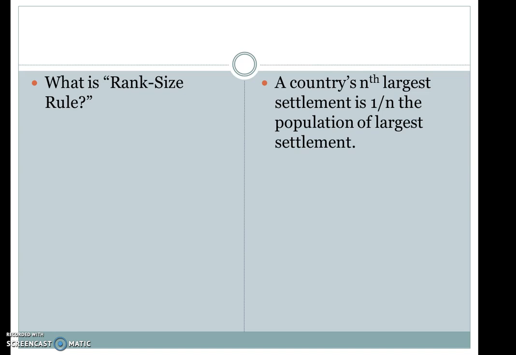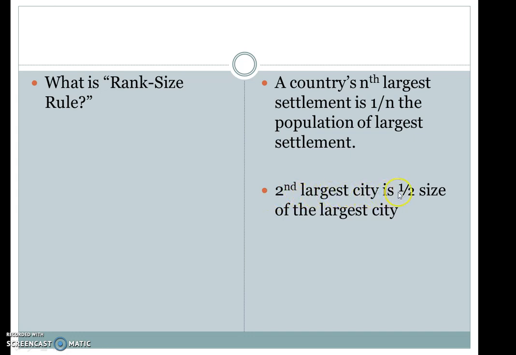So if n is 2, the country's second largest settlement, and you can replace the word settlement with city, the country's second largest city is 1 over 2, which is 1/2 the population of the largest city. Likewise, the 5th largest city is 1/5 the population size of the largest city in that country. Here it is written out.